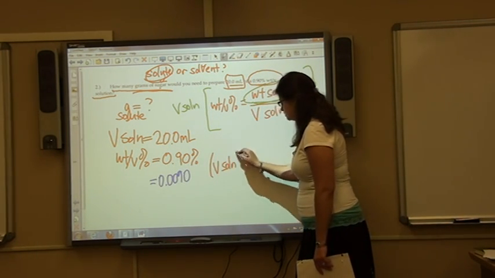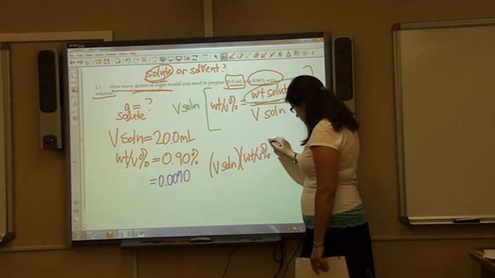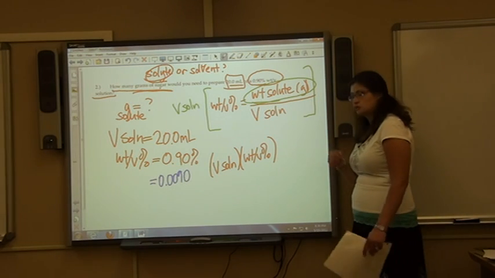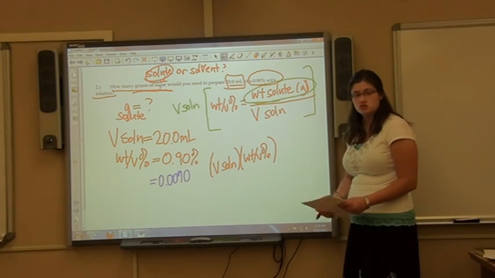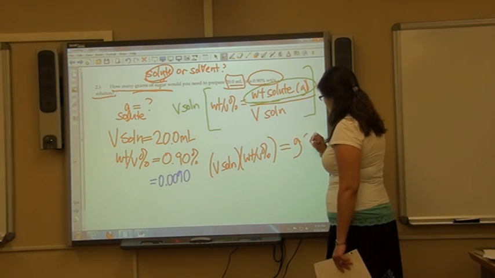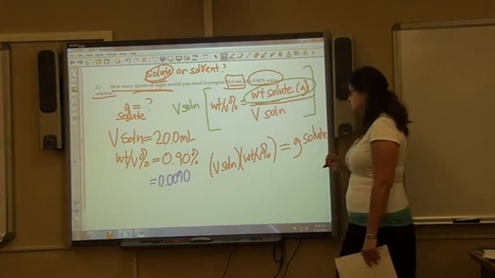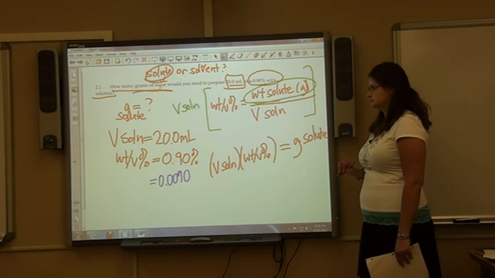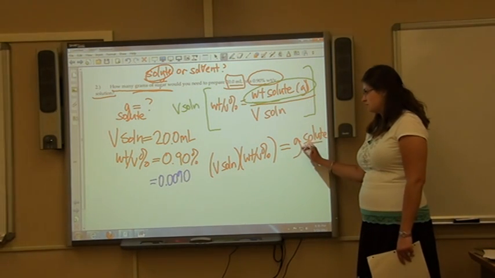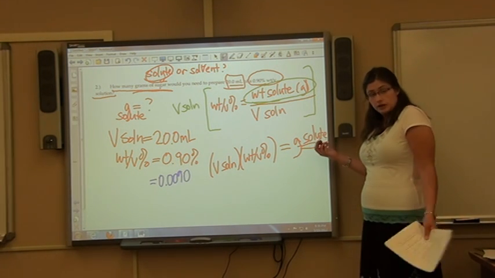Volume of solution times the weight per volume percent, that's the concentration of your solution, is equal to grams solute. Now you've got this by itself, and that means that all you have to do now is plug and chug.